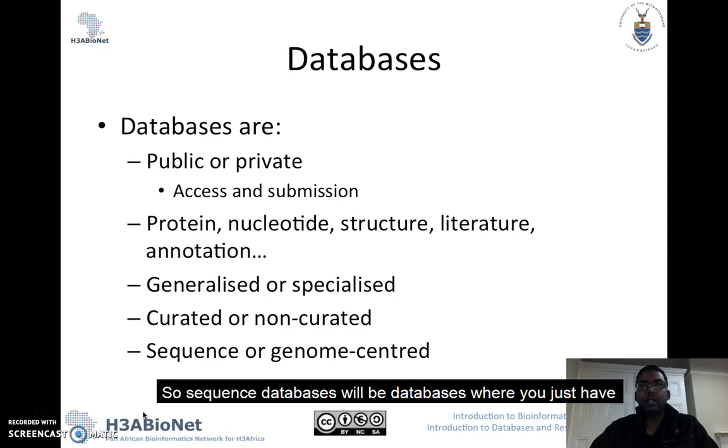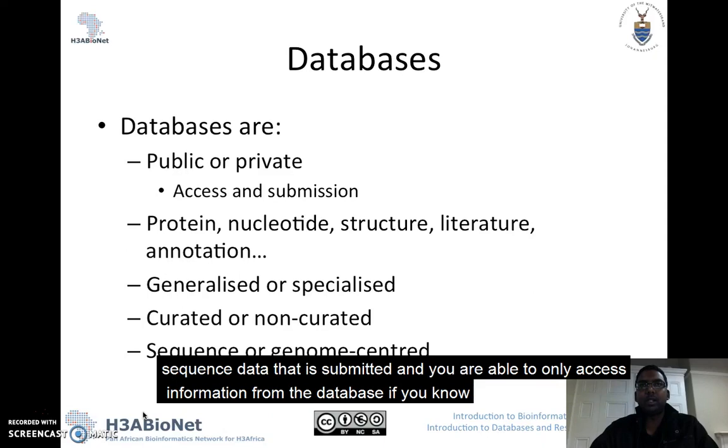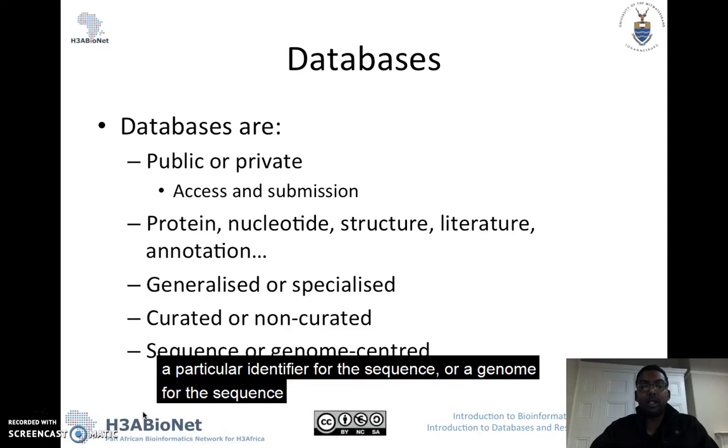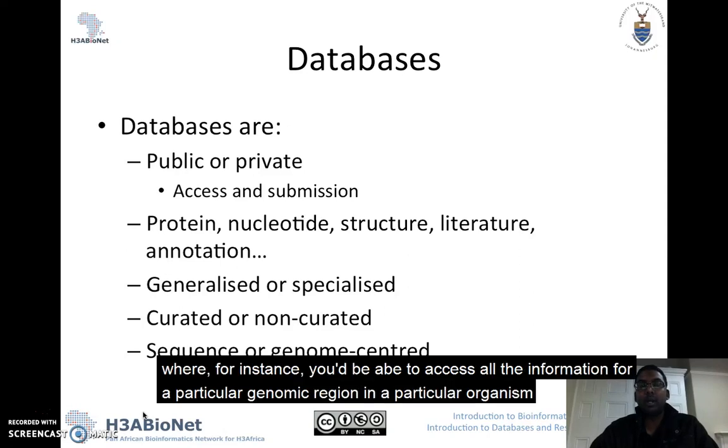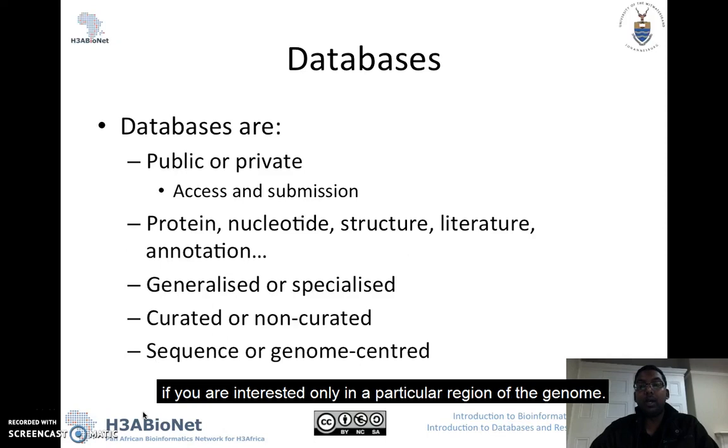So sequence databases will be databases where you just have sequence data that is submitted and you are able to only access information from the database if you know a particular identifier for the sequence or a gene name for the sequence. But then we also have genome-centered databases or genome-centered resources, where, for instance, you'll be able to access all the information for a particular genomic region in a particular organism if you are interested only in a particular region of the genome.